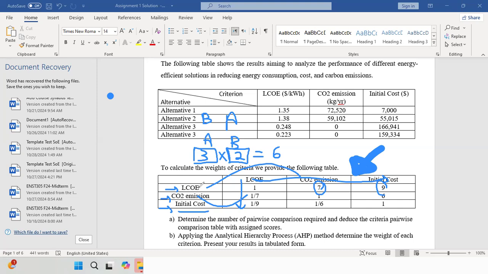We start with the first criterion, LCOE, compared to CO2 emission and initial cost. Once we are done with this, we move to the second one, CO2 emission, only compared now to initial cost, and that's it. We don't need to do any other comparisons. So we just need to do 6/2. And now, how to fill the table?